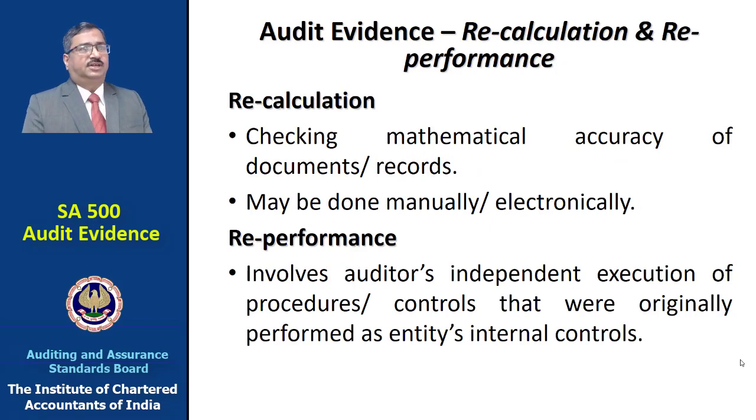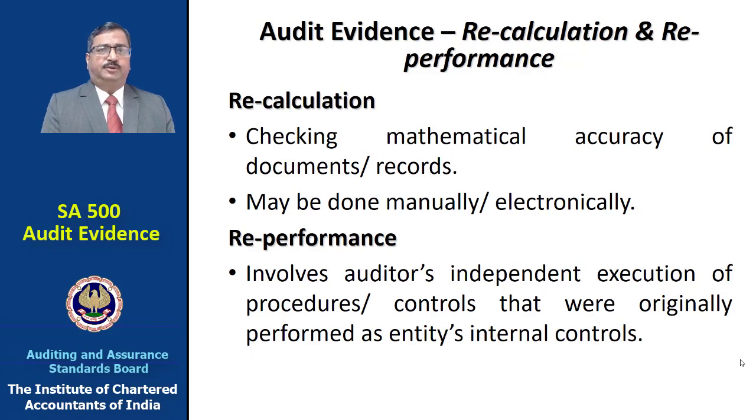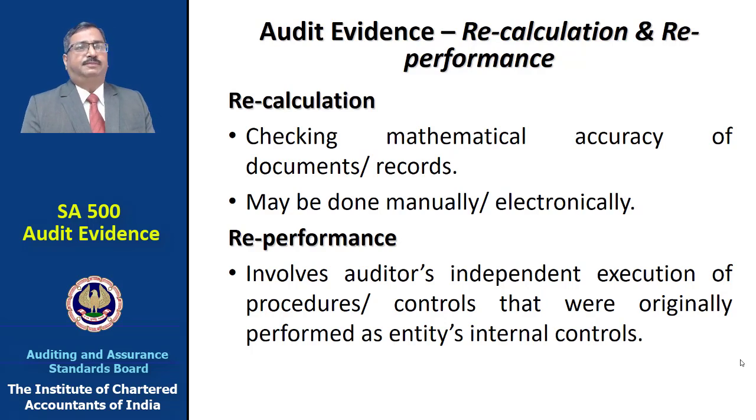Having got the external confirmations, the auditor has to recalculate and reperform certain processes. What is recalculation? It's checking the mathematical accuracy of documents or records. Say, for example, you get a statement from a third-party supplier about the account in his books of accounts. The auditor tries to match the same statement with the accounts of the auditee and sees whether mathematical accuracy, accounting accuracy, is there or not.